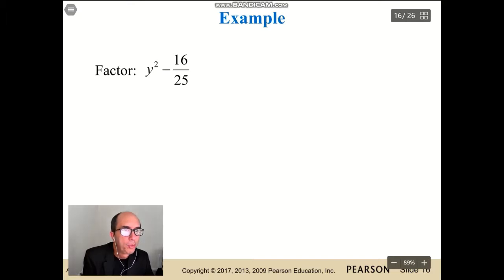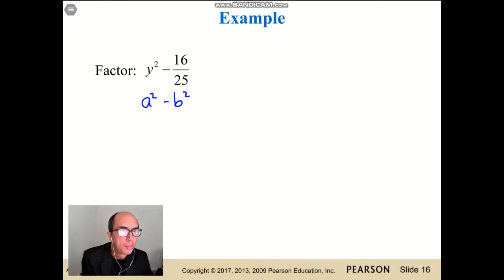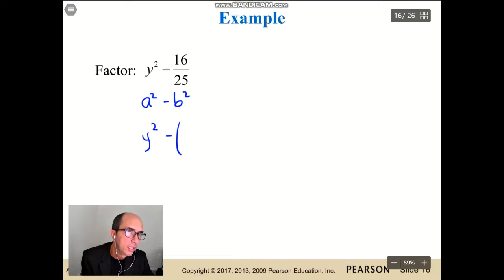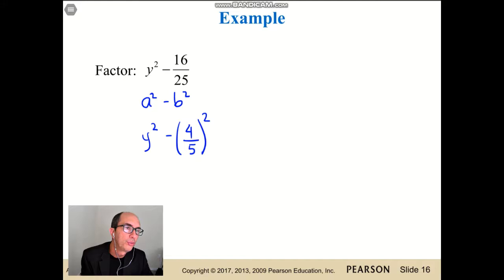Another example, and compare with a squared minus b squared. Okay, so now our a is going to be y, and our b is going to be, look here, 16 is 4 squared, and 25 is 5 squared. So we can rewrite this as the fraction 4 over 5.